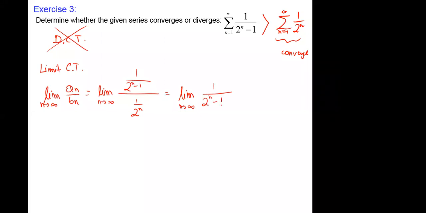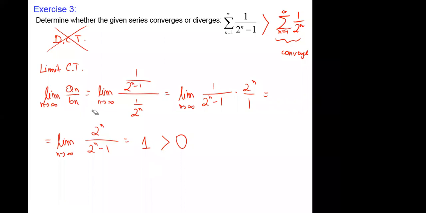Dividing by 1 over 2 to the n is multiplying by the reciprocal. You probably know the answer right away: 2 to the n over 2 to the n minus 1. The leading functions are the same, with identical coefficients. 2 to the n over 2 to the n is 1.